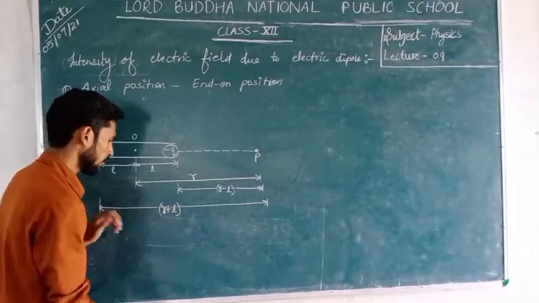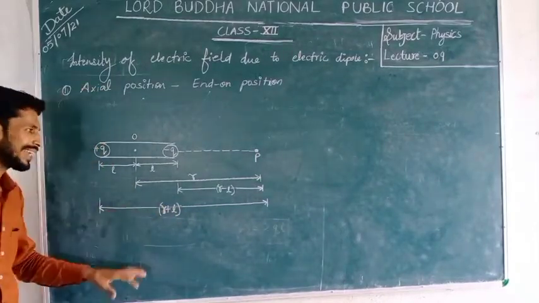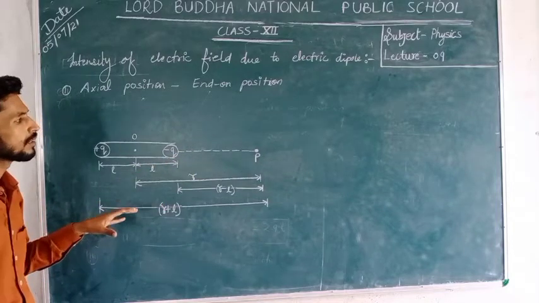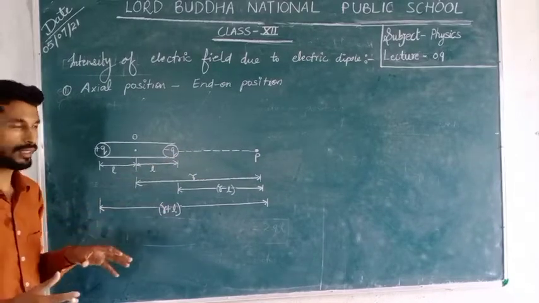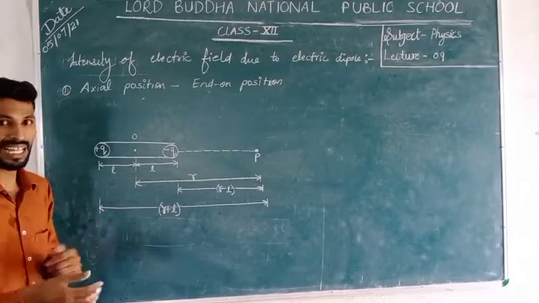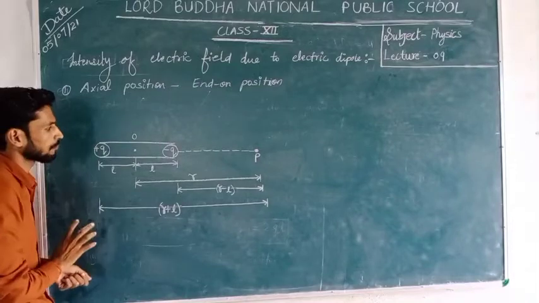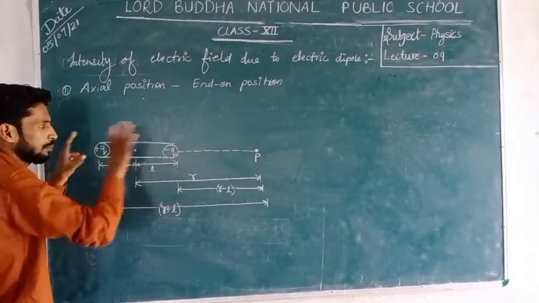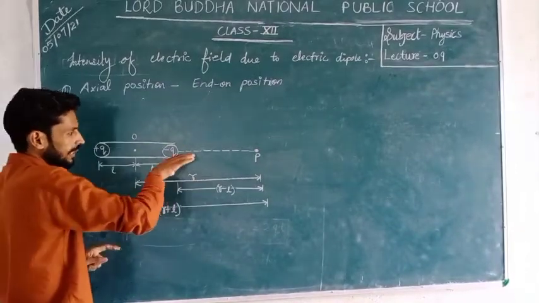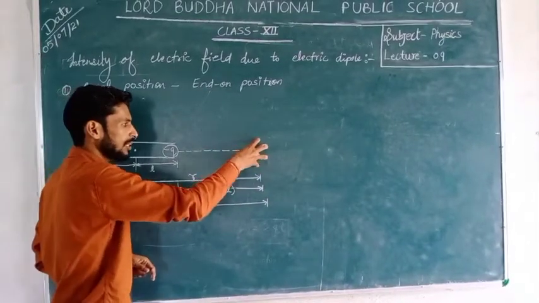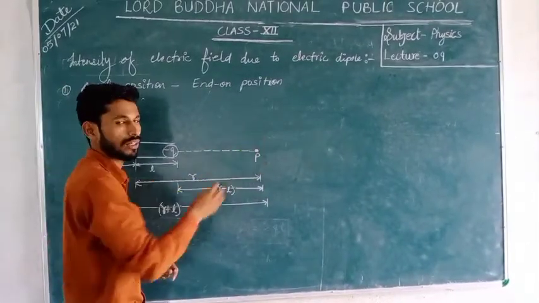Clear? Now we can go to solve this. We have to find the formula in terms of electric dipole moment. Now we can see here clearly, this is the electric dipole, and on the axial position there is the point P where we want to calculate the intensity of electric field.